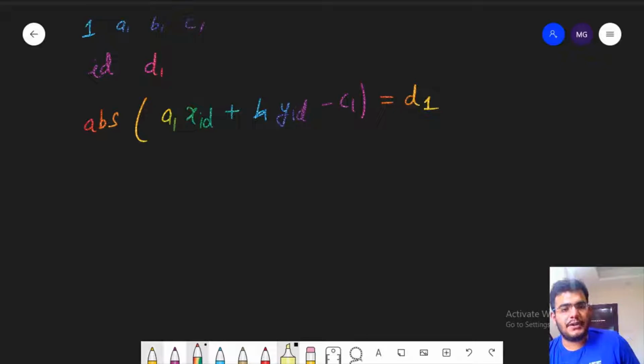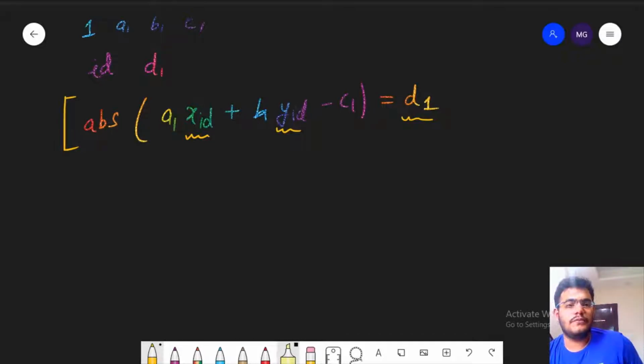So what is this particular thing? This is nothing but an equation in two variables, where xid and yid are the two variables, and the rest, which are a1, b1 and c1, and also d1, are known to us. a1, b1, c1 will be given by us as the input, and d1 is the thing which will be written as the output to us by the grader.